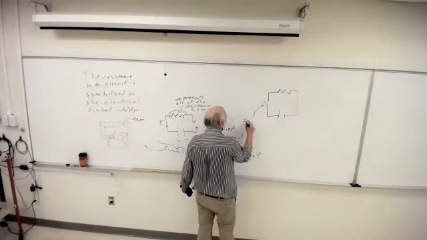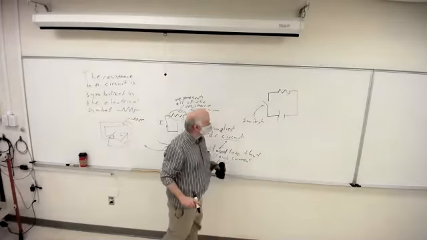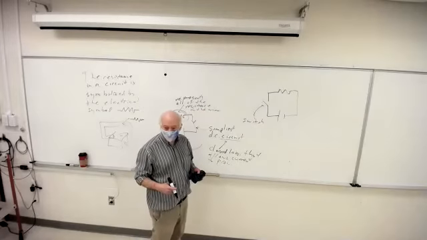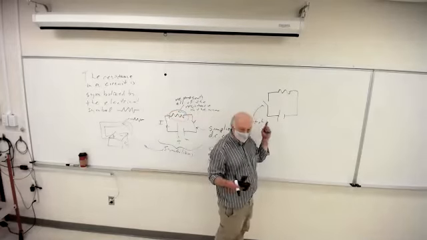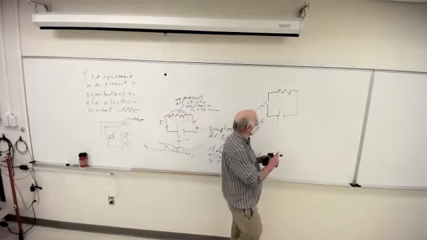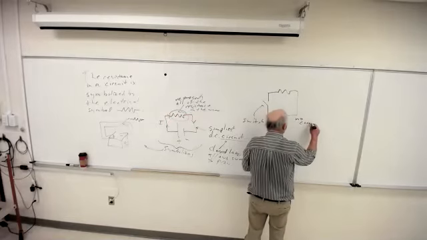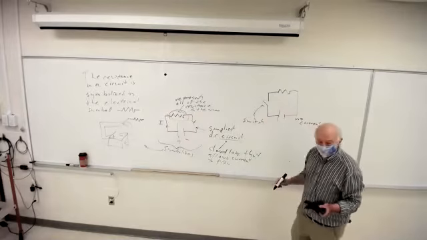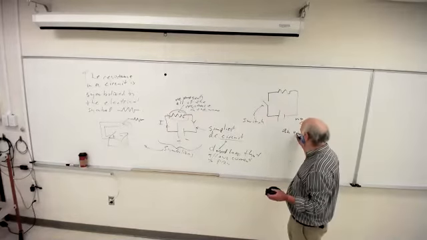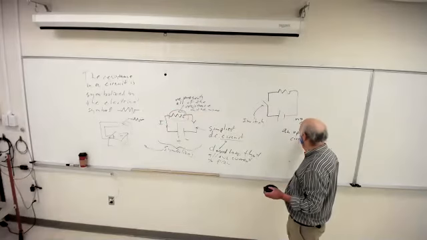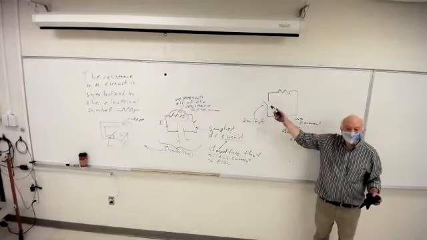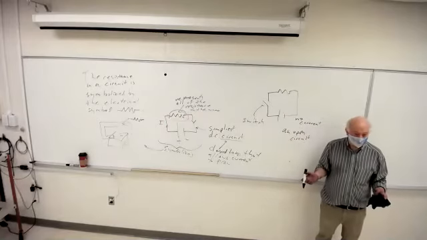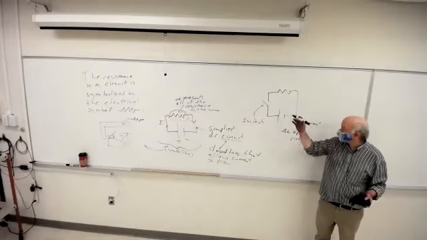This right here is a switch. If that's open, what would be the current? The electric field wouldn't be able to loop all the way around here, so you can't have current. So this would actually have no current, and you'd call this an open circuit. An open circuit means somewhere you've broken the wire and you're not having current flow.